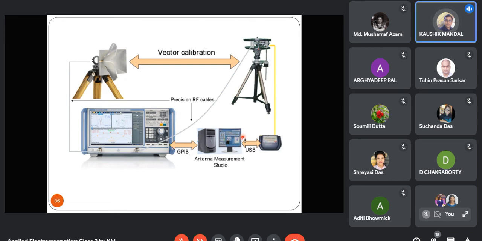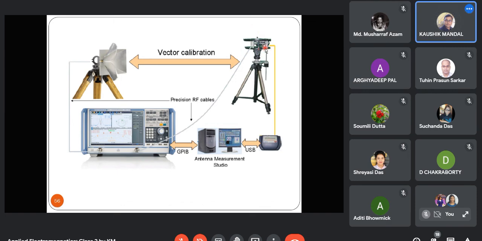Measurement software is available. You can rotate this as per your requirement. Suppose you want to rotate in the theta plane or in the phi plane. For H plane measurement you need to change the phi, and for E plane measurement you need to change the phi. Now over the E plane and H plane you need to check the radiation pattern for all theta, so it will rotate 360 degrees.